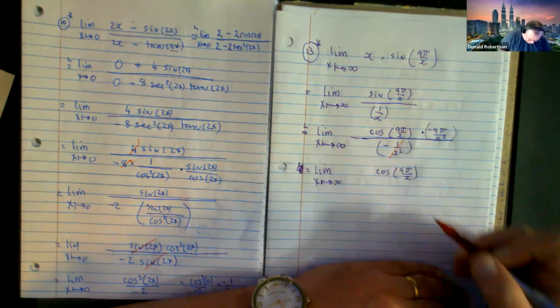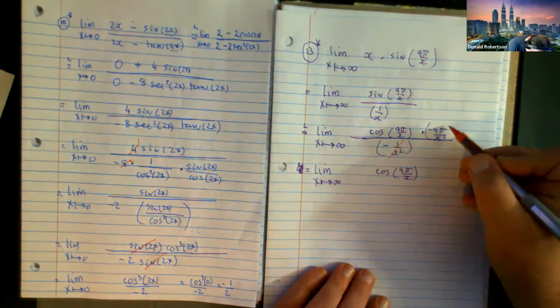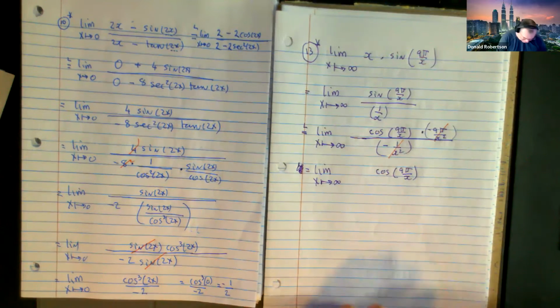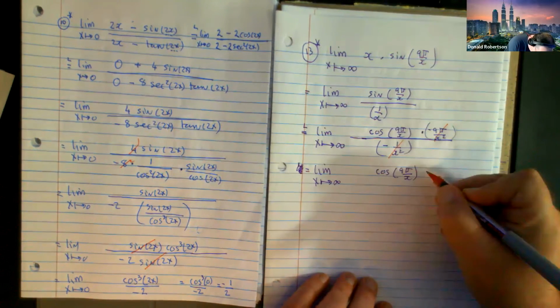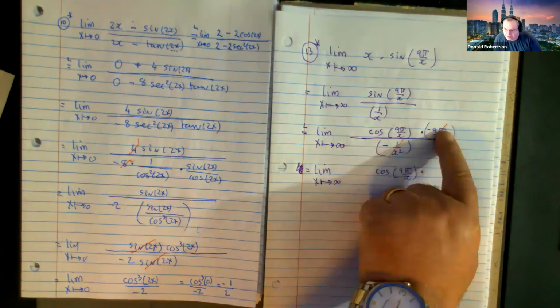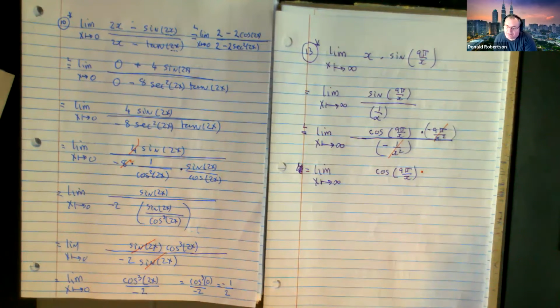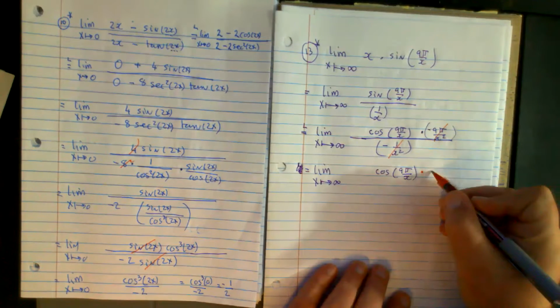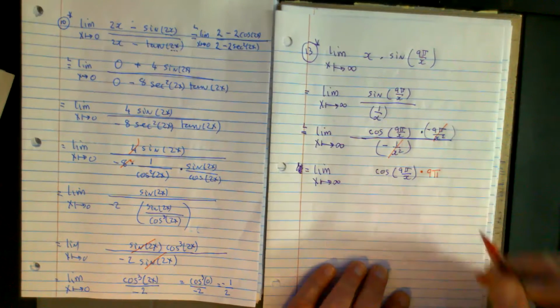Negative 1 over x squared cancels out most of negative 9 pi over x squared. What gets left over? If you cancel this with this, what's left over? 9 pi. Agreed?